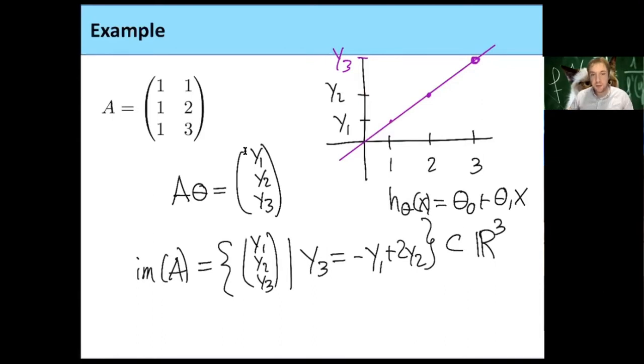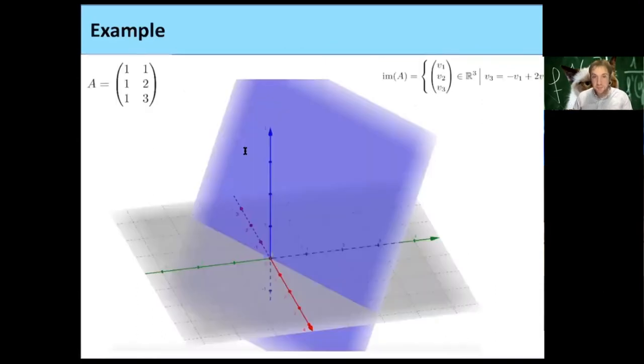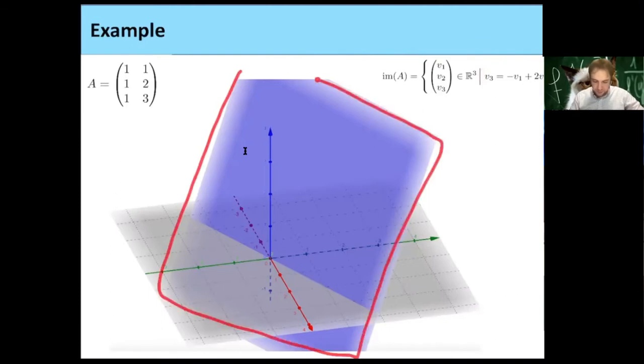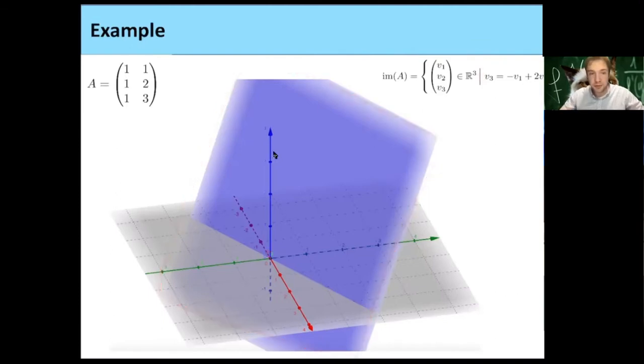And this we can also plot. So this is the R3. This is our matrix A, and here is the image of the matrix A. If we plot all points in 3 dimensions which satisfy this equation, then we get this plane going through the origin. Okay.